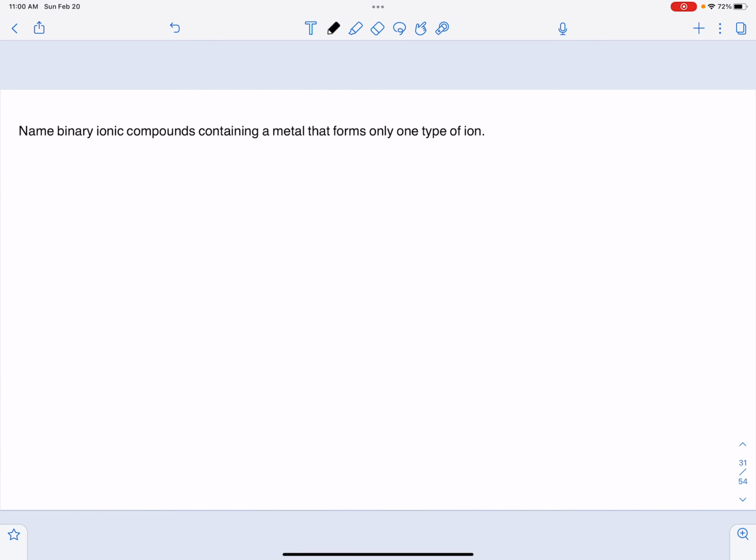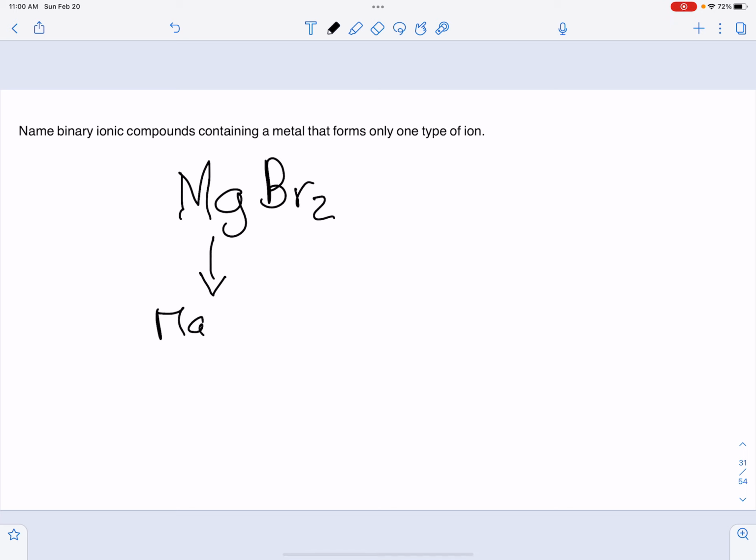Let's say I have MgBr2. So I'm asked to give the name of that. The first one is straight from the periodic table: magnesium. The second one, which is bromine, is going to be modified to indicate that this is a compound with IDE: bromide.